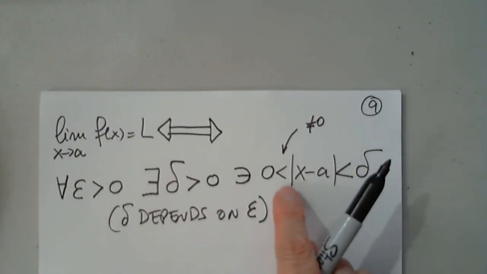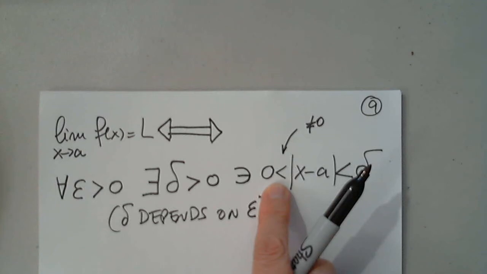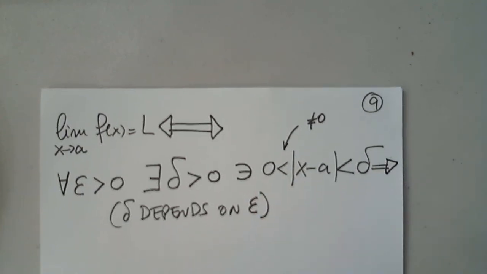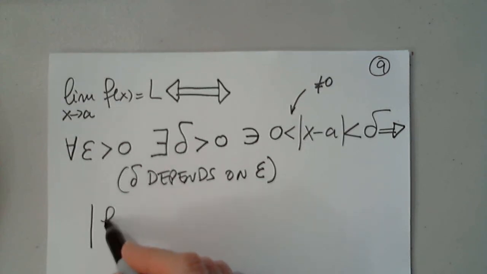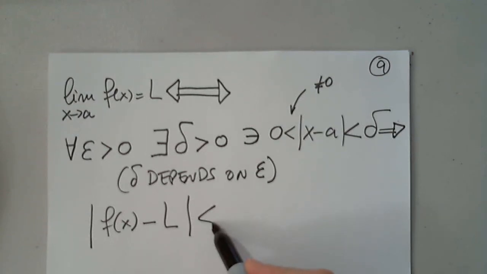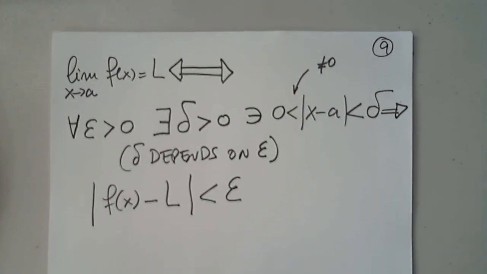How do I show that? By not having the equal symbol here. This will imply that the distance between f of this x minus the limit will definitely be less than epsilon. One more time here.